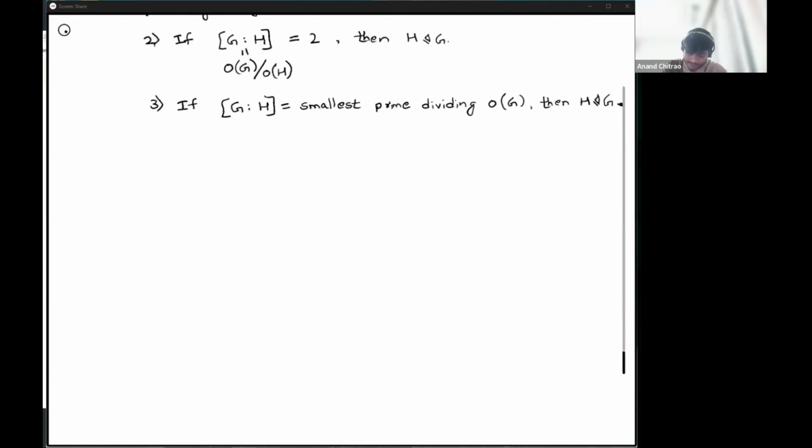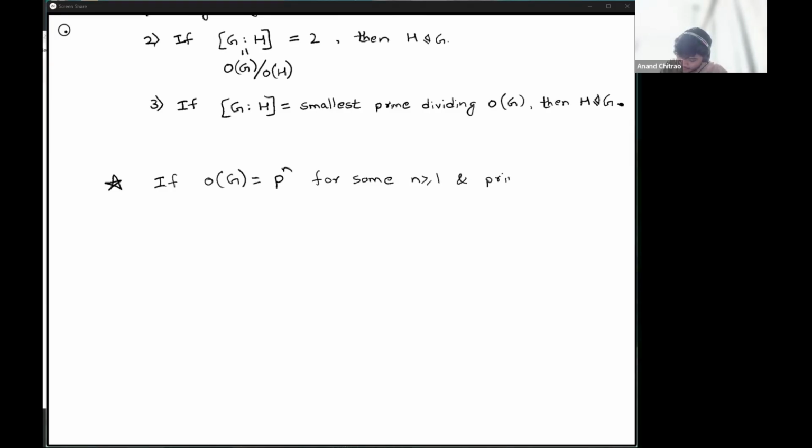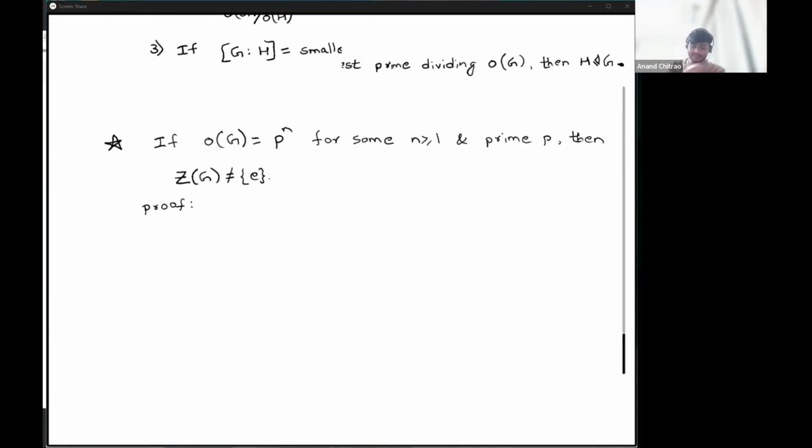If the order of G is a power of P, then the center of G is not just the singleton identity. Okay, what's the proof? You write down the class equation.